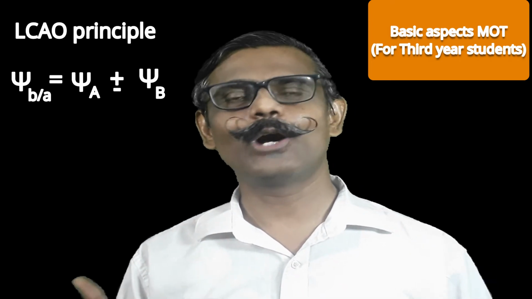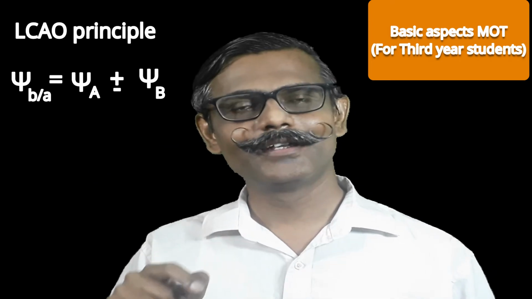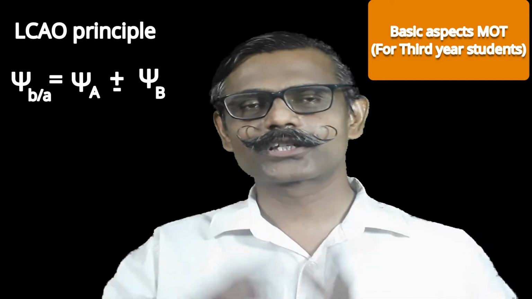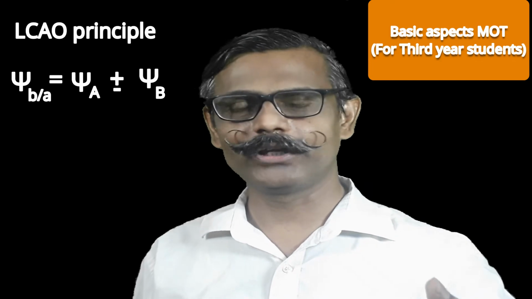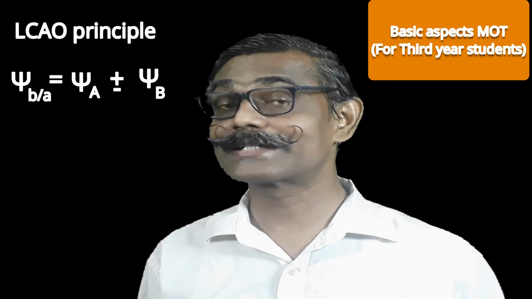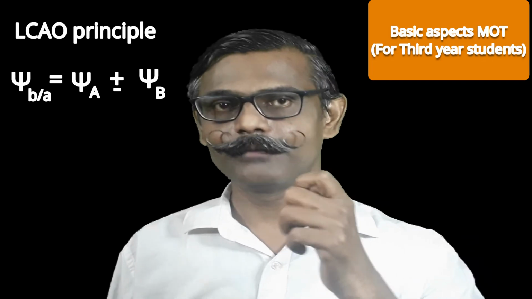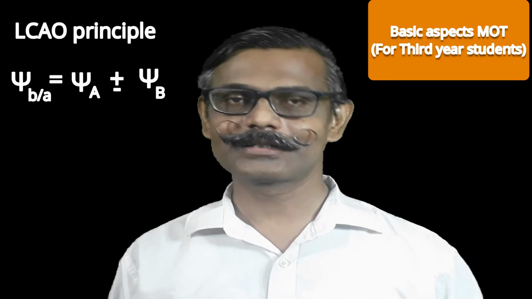So how do we represent the wave function? By psi. For atoms, for bonding, anti-bonding, the representations you will come to know very soon. For bonding, we will represent it by psi b. For antibonding, we will represent it by psi a. B and A will be small. Now let me talk about the SALC, Symmetry Adapted Linear Combination concept.